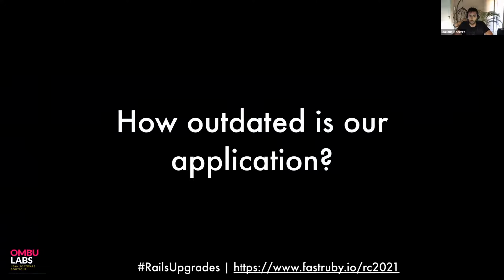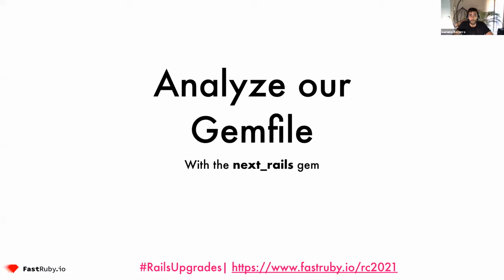Okay, so before we start making changes that will get us closer to the next version of Rails, we want to know how outdated our application is. That way we can have a more clear idea of how far we are from the next version of Rails. So to know that, what we can do is analyze our Gemfile.